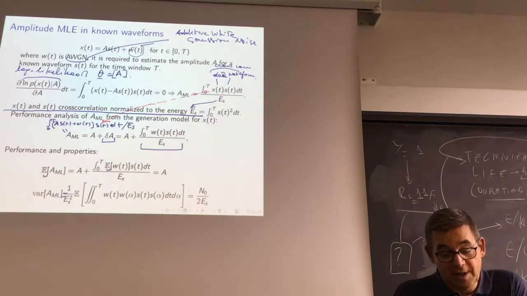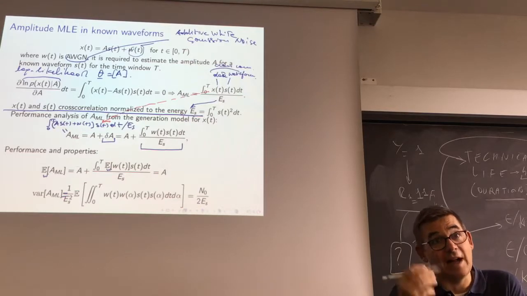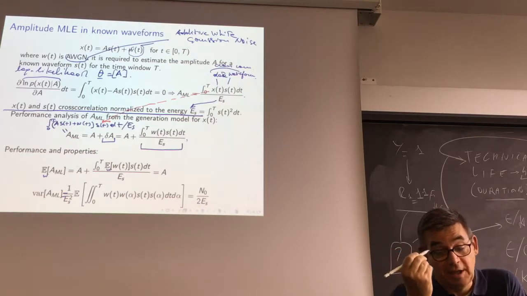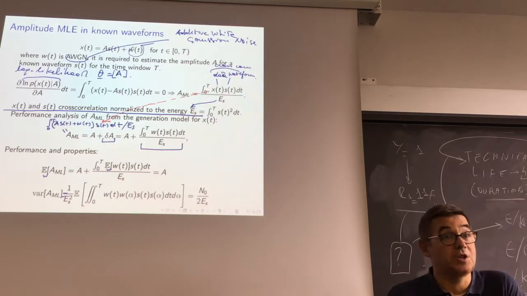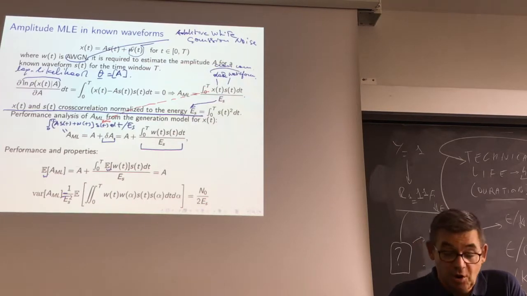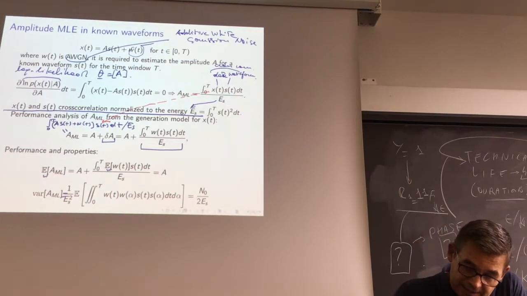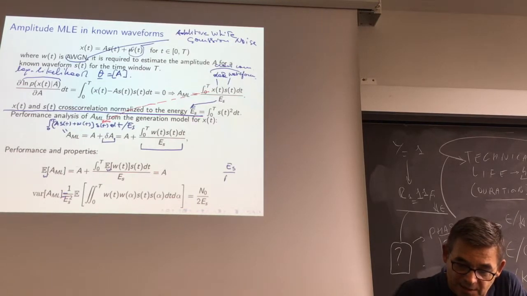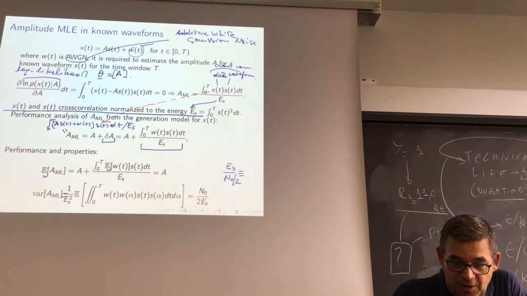So, the variance on the amplitude is inversely proportional to the energy of the waveform. Usually, this ratio, which is the energy of the waveform divided by N0 over 2, the telecom people call signal to noise ratio.